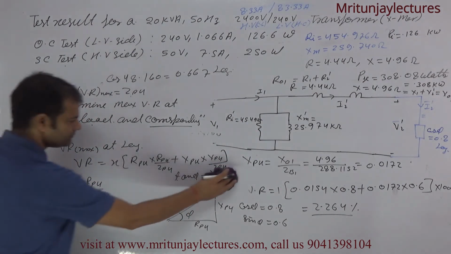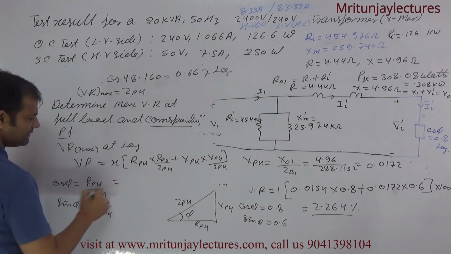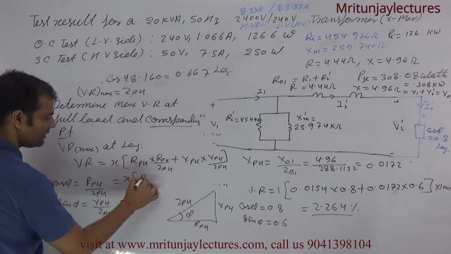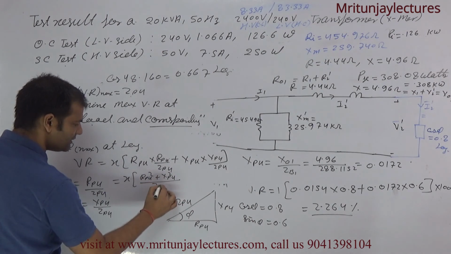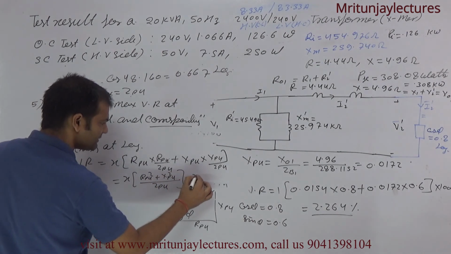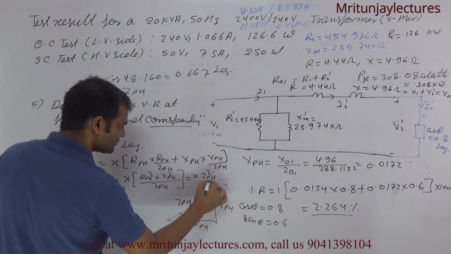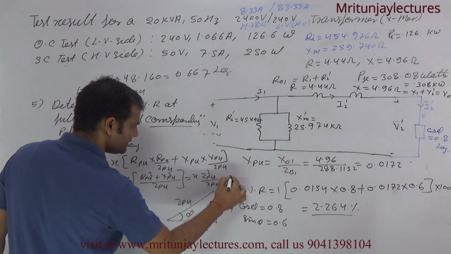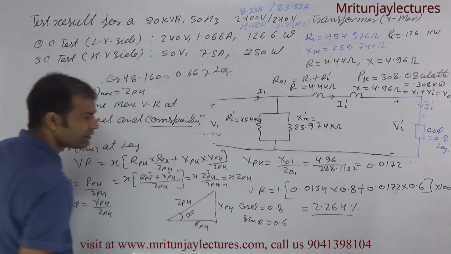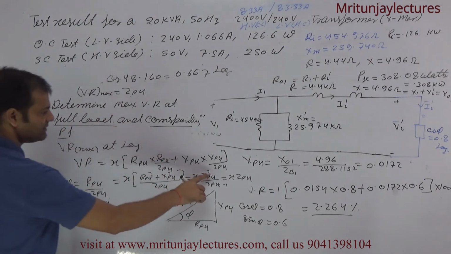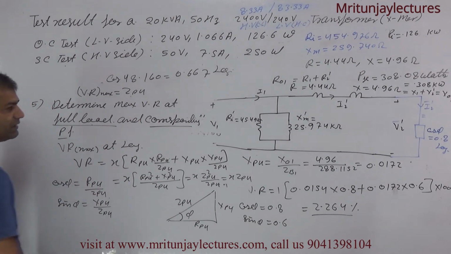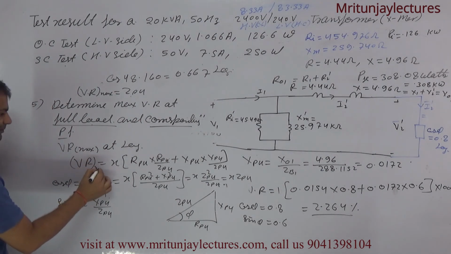Putting these values in, it is written as x into (RPU squared plus XPU squared) divided by ZPU, which is x into ZPU squared upon ZPU, that is x into ZPU. Because it is full load, x is equal to 1, so it is written as ZPU. It is clear for maximum voltage regulation.